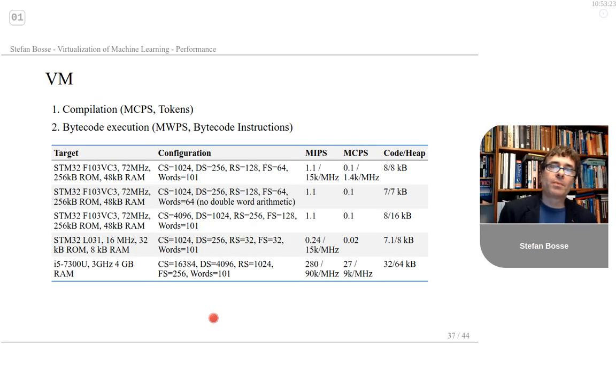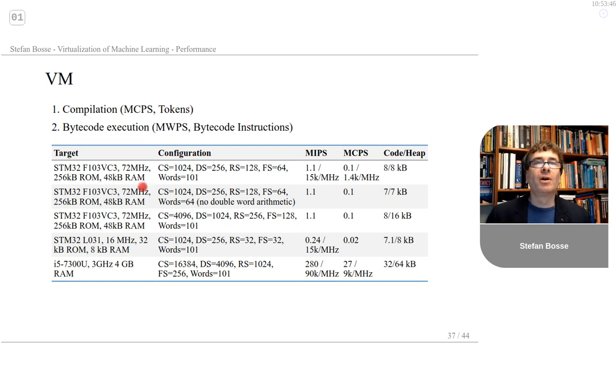Here are some highlights of the performance. Performance means both the compilation speed, that is mega compilation words per second, and the bytecode execution itself, of course, mega words per second. Here you see typical results.